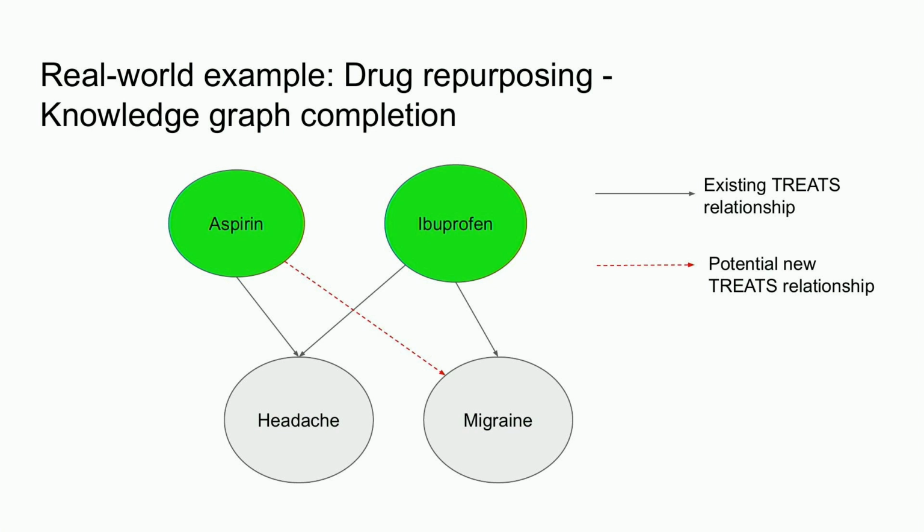So this is a simple real-world example of using an information extraction pipeline to construct a knowledge graph, and then use that knowledge graph for cool applications using knowledge graph embeddings, maybe graph neural networks and stuff like that.